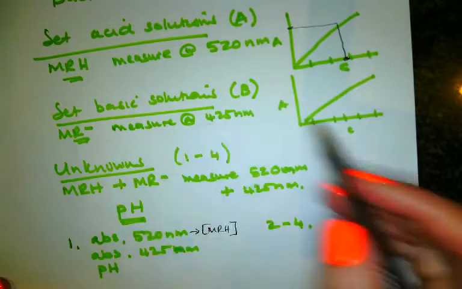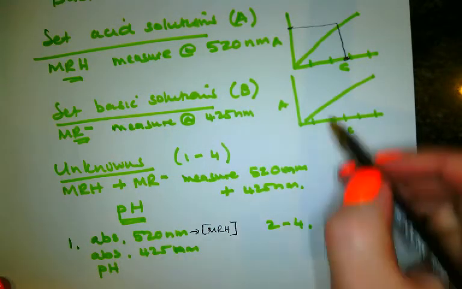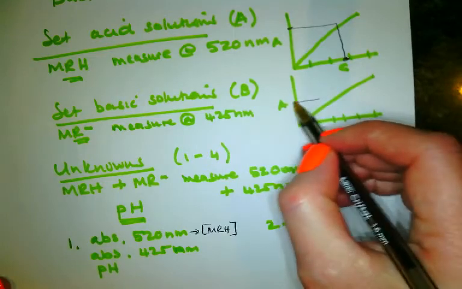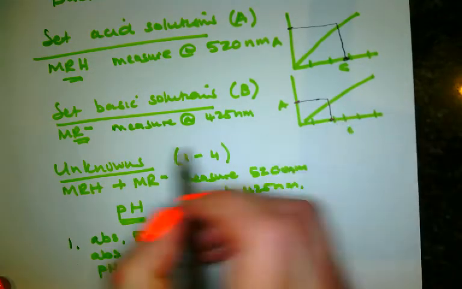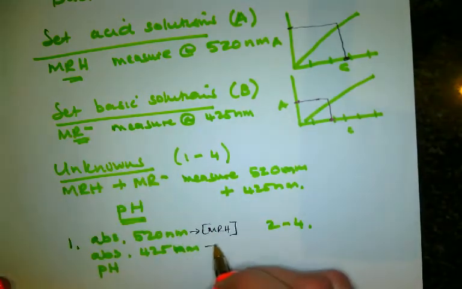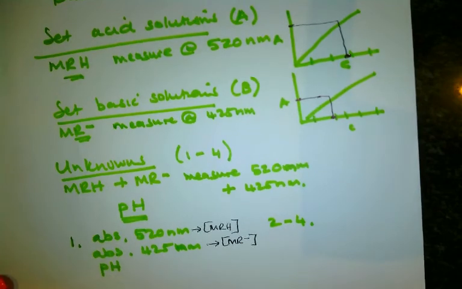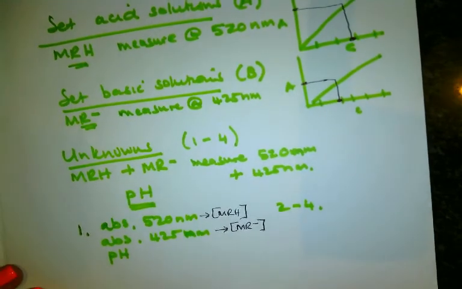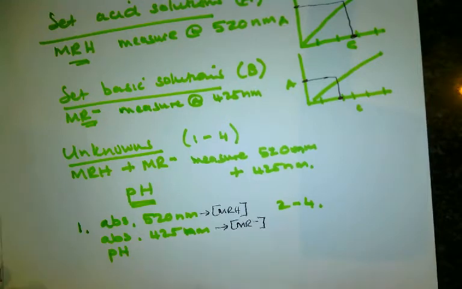You do the same for Mr-. You've got the absorbance at 425. Let's say it's that value. You can read off the concentration of Mr- from the calibration graph for your first unknown solution, and you also have the pH for that unknown solution.